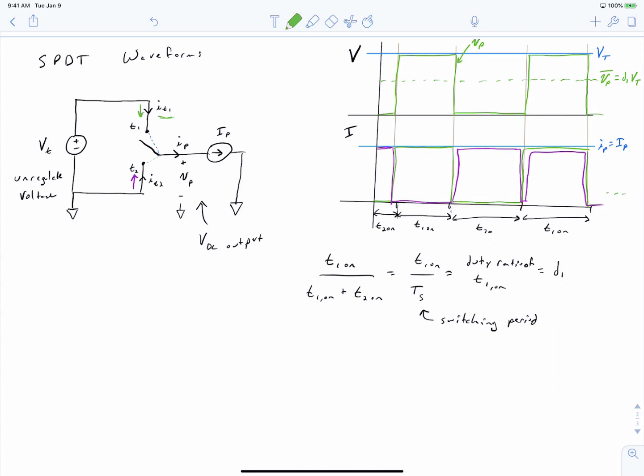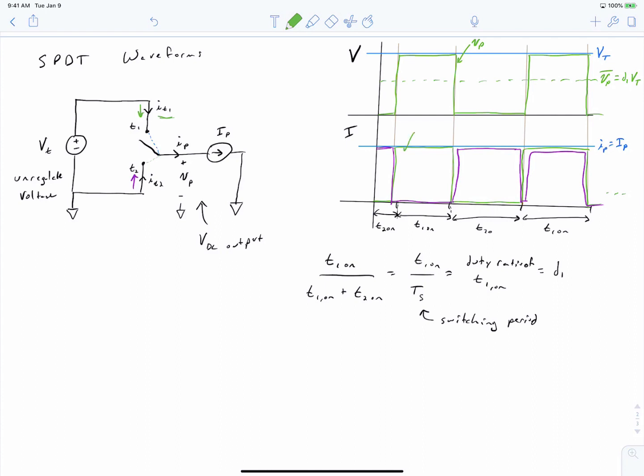So for the T1 on portion of this waveform, Vp is equal to V throw, and for the T2 on portion of this waveform, Vp is equal to 0, which clearly results in this expression that the average value of Vp is equal to D1 times the throw voltage. And we can do a similar thing for the currents.